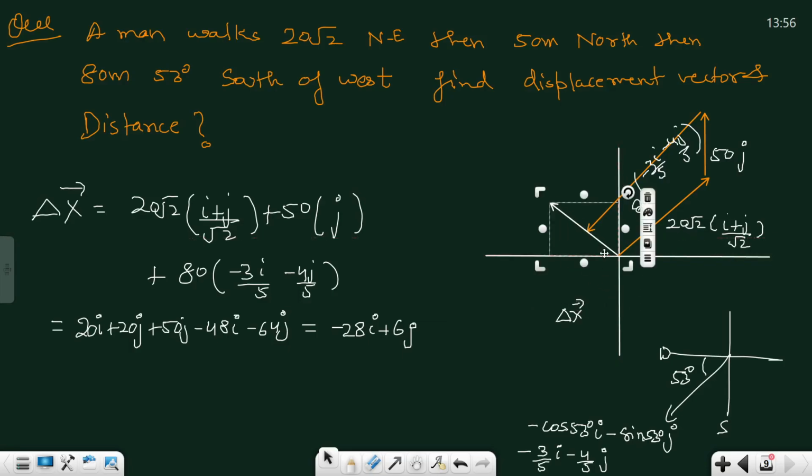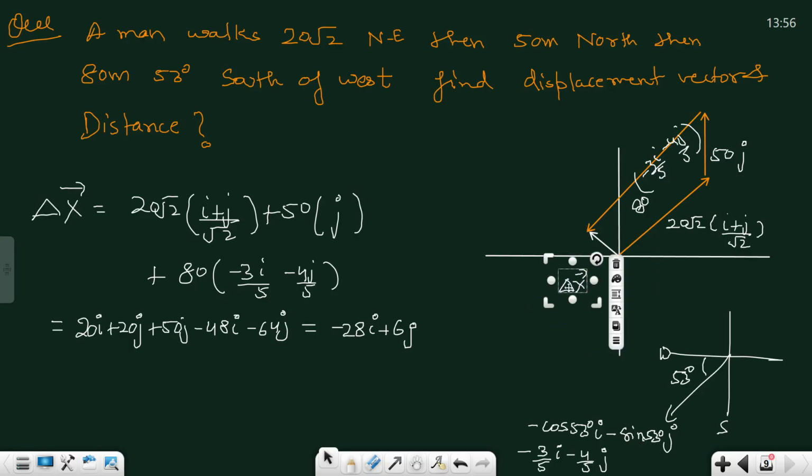This will be the final displacement vector. Clear? So how did we get minus cos 53 i? Which one? This one? Why not j? Beta, this will be cos 53 degree, and this will be sin 53, right?